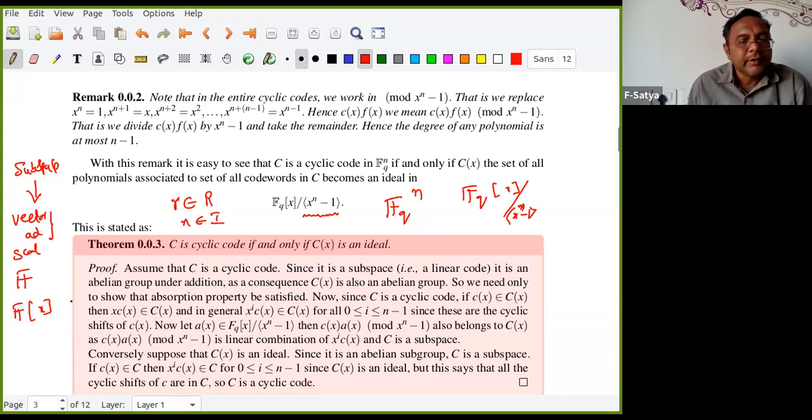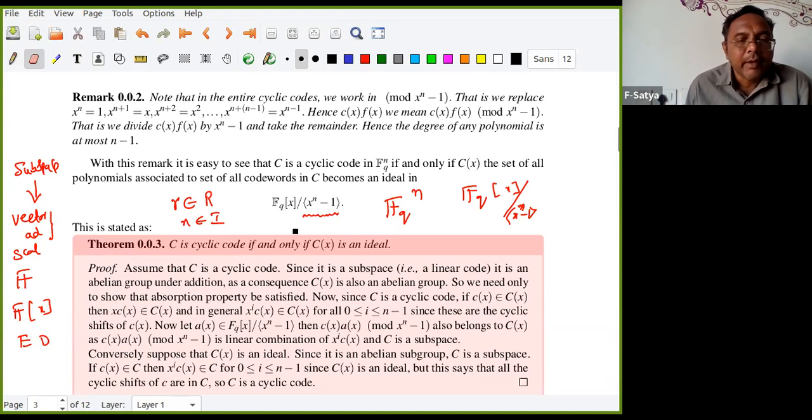PID means principal ideal domain. It has a very nice structure: every ideal is generated by a single polynomial. Even the quotient is also a principal ideal ring; even here every ideal is generated by a single polynomial.